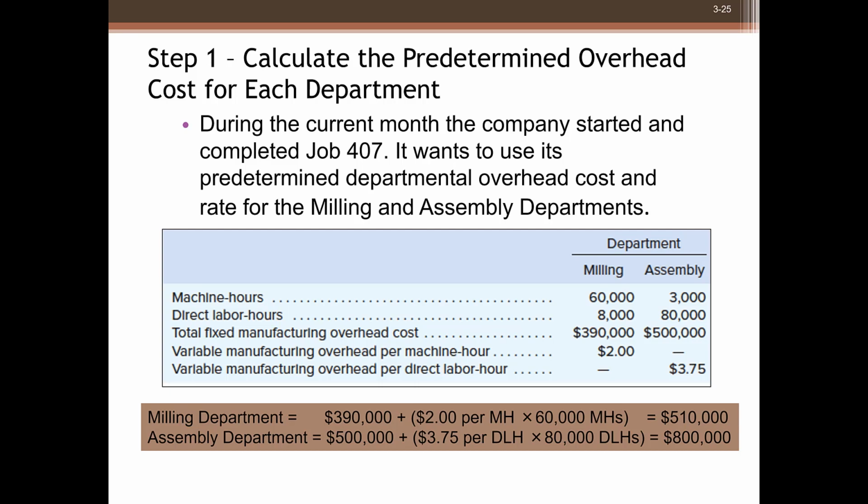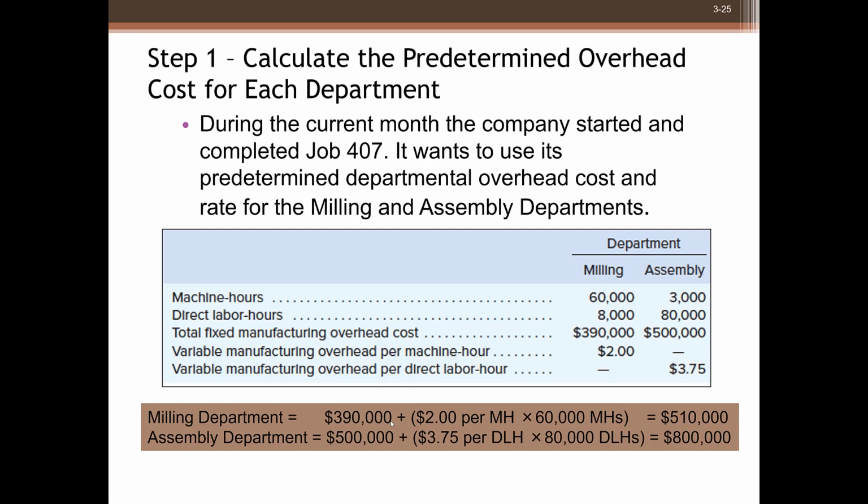For the milling department, the allocation base is machine hours, so total machine hours, 60,000, is the denominator of the formula. For the assembly department, the allocation base is direct labor hours. Estimated total direct labor hours is 80,000, so 80,000 is the denominator of the formula.